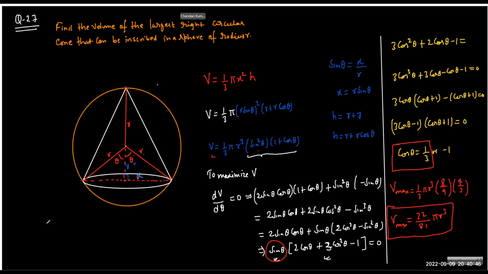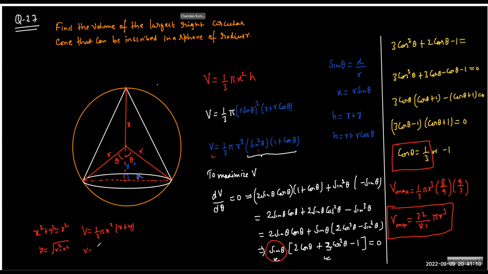In the Cartesian system, I'll give you a hint. The x is x and the y becomes how much? Using Pythagoras, x square plus y square is r square. So y itself is under root of r square minus x square. So the volume will be how much? 1 by 3 pi x square h, which is r plus y.